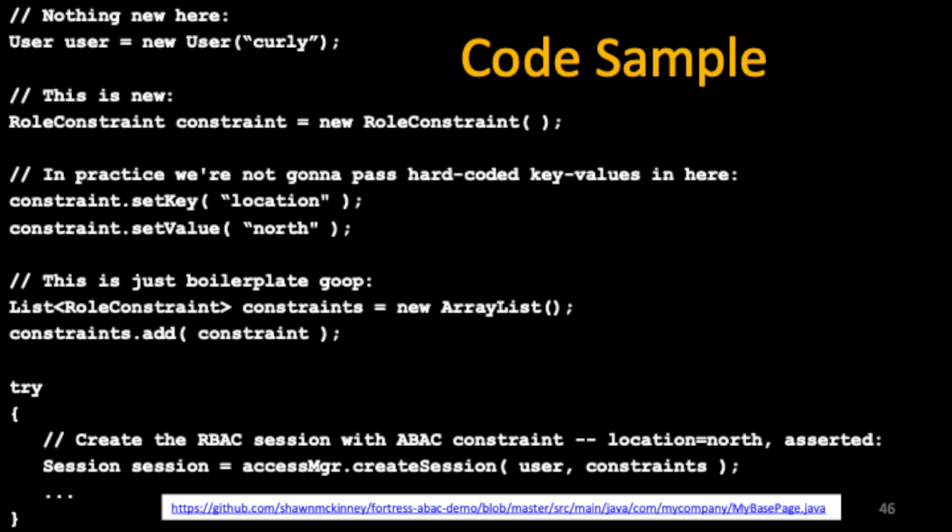And in the constraint, that's where you set the actual location, and you can see we're in north. Then there's a little bit of boilerplate, and really everything else is the same. You just create the session, and the session decides at runtime whether it's going to activate that role or not.